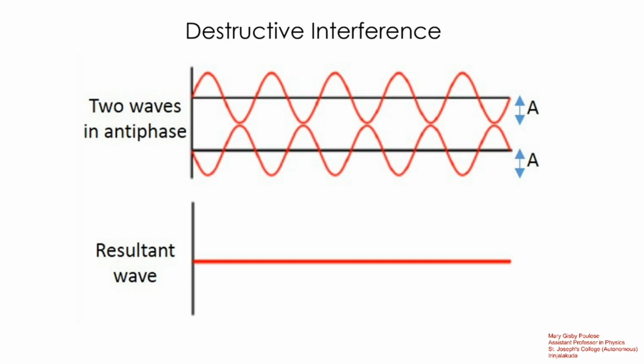The phase difference between these two waves is either pi or 3 pi, 5 pi, 7 pi, 9 pi, like that. So if these two waves interfere, the resultant wave is as shown below. And if the individual amplitude is A, then the resultant will have 0 amplitude.